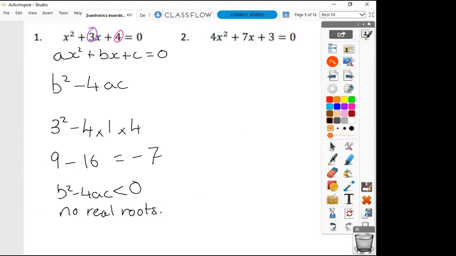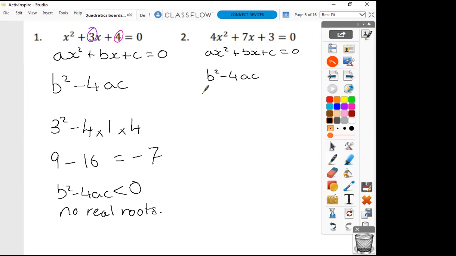Have a wee look at the second one. So we've got 4x squared. Again, ax squared plus bx plus c equal to 0, so it's in a normal quadratic setup. We're looking to work out the discriminant. The discriminant is b squared minus 4ac. That's given in your formula sheet, remember?